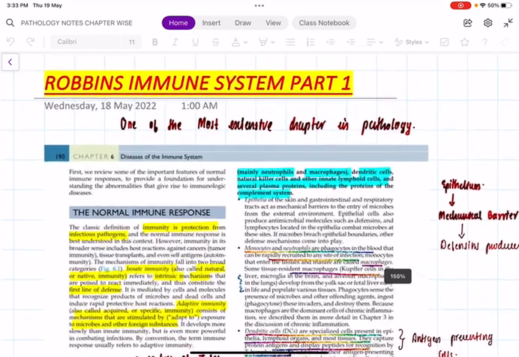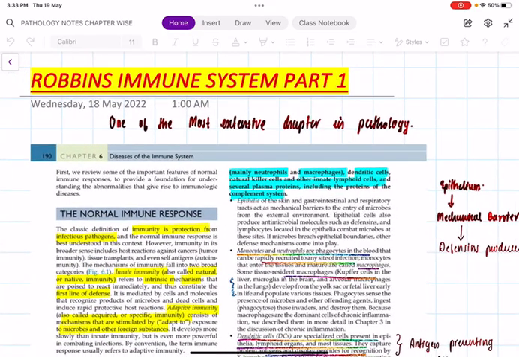So there is a reason why I am going to start this chapter along with carrying out the sessions on other chapters, because it is one of the most extensive chapters in pathology. Disorders of immune system, neoplasia. These are two of the some 4 to 6 chapters in Robbins which are very detailed, very vast, very extensive, that we require proper continuous reading in order to understand the concepts properly.